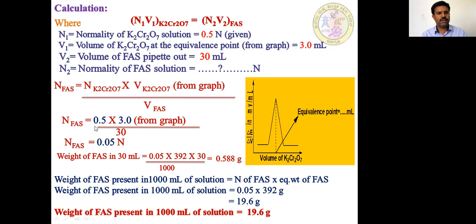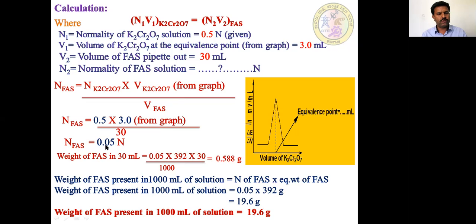If we substitute the known values, the normality of the standard solution is 0.5, times the volume of dichromate consumed for the end point or equivalence point, that is 3.0, divided by the volume of ferrous ammonium sulfate solution we have taken in the beaker, that is 30. So the normality of ferrous ammonium sulfate solution is 0.05 normal. This is the concentration of our pipetted ferrous ammonium sulfate solution.